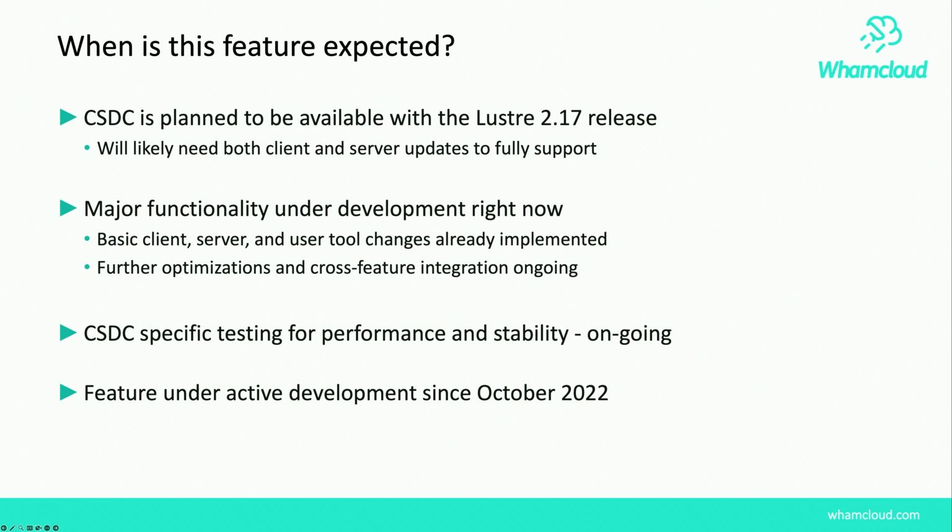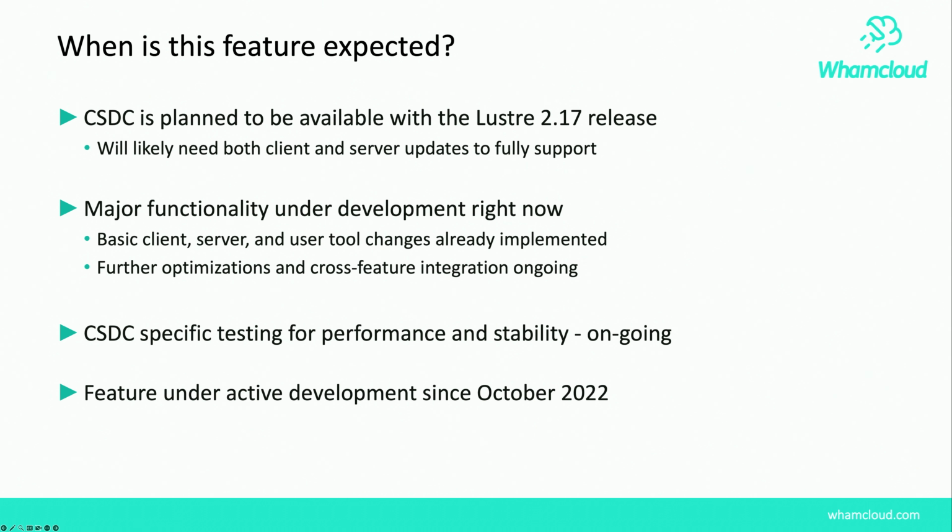Major functionality continues to be under development right now. We have the basic client and server tools ready to go, and we're in the process of testing all of that. Further optimizations and cross-feature integration is ongoing, so we can ensure that everything functions as advertised.